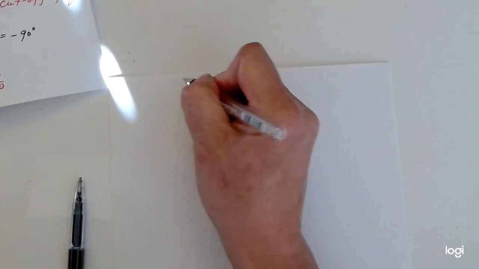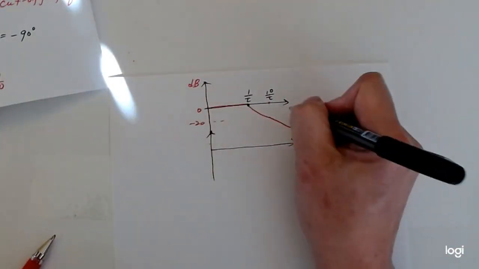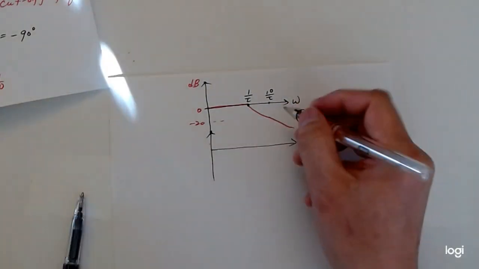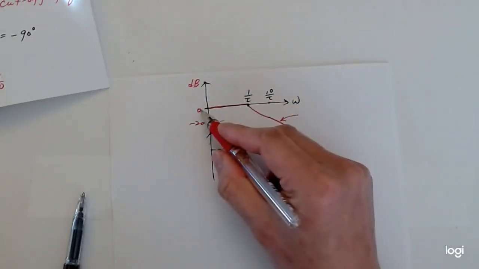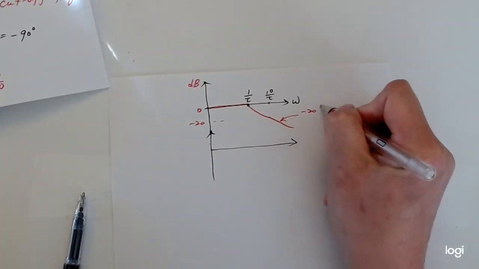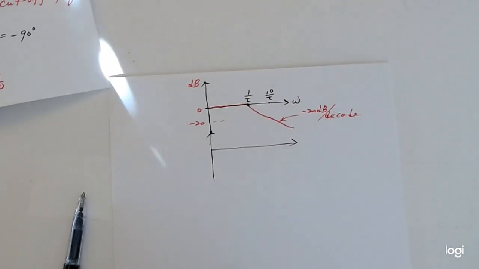So this is 0, this is dB, this is omega. That's why we said the slope is flat and then drops, negative, minus 20 dB per decade after the cutoff frequency.